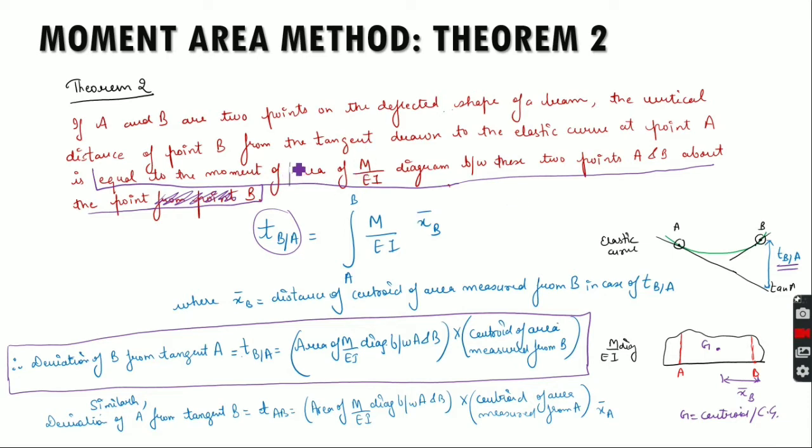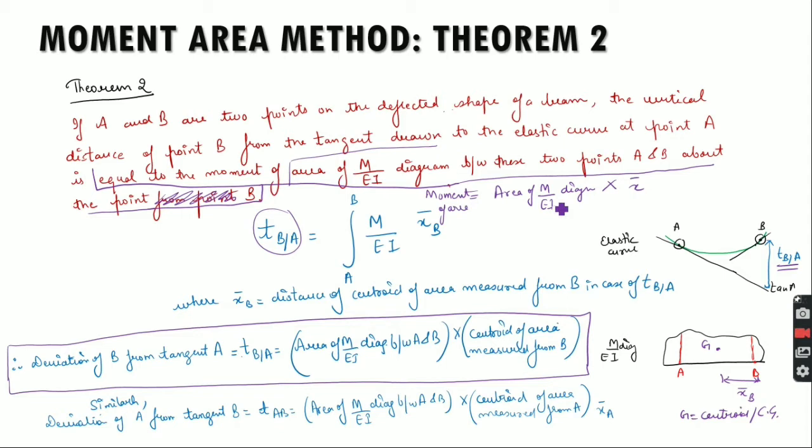Moment of area of M by EI diagram means that we are multiplying the area of M by EI diagram with some distance x bar, right? So the term coined for this value is moment of area, right?